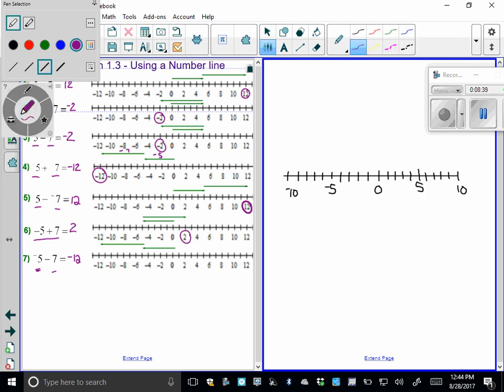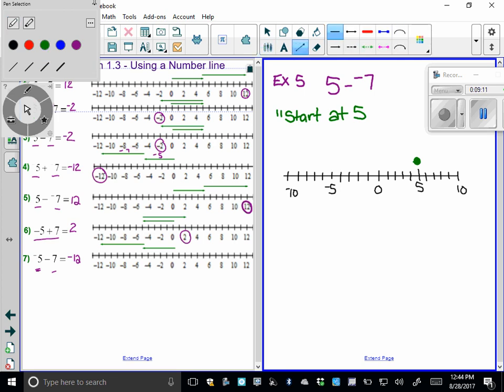If we were to look at one of the examples, like example 5 on the left there, we see it's 5 take away negative 7. Sometimes the book will say start at 5. And they'll just put a dot there. And then they use the arrow.